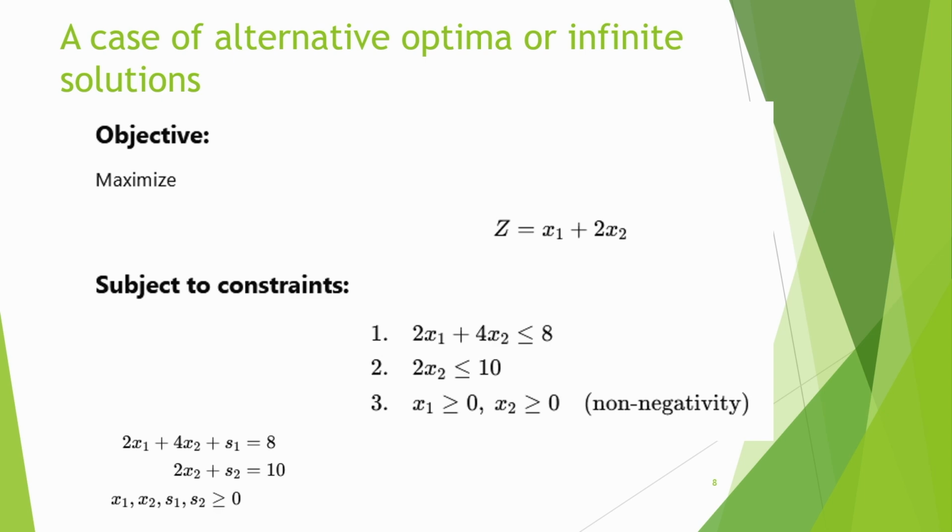You see, carefully I have chosen a problem for you. If you see it carefully, your objective function is x1 plus 2x2, but the constraint is 2x1 plus 4x2 is smaller or equal to 8. So if you multiply the objective function by 2, you get the left hand side of constraint 1, and it should be less or equal to 8.